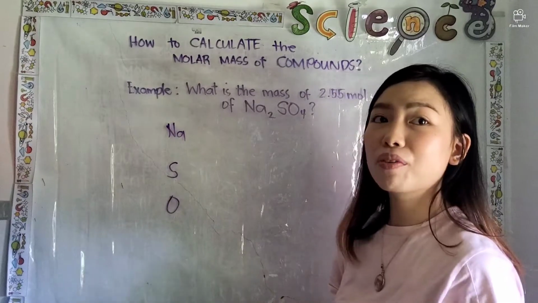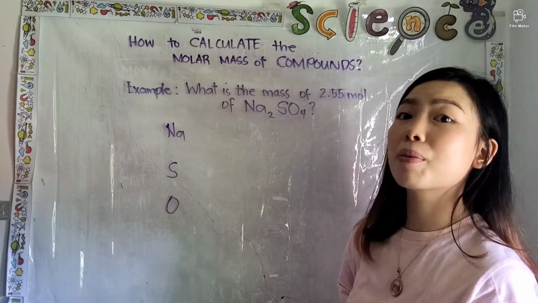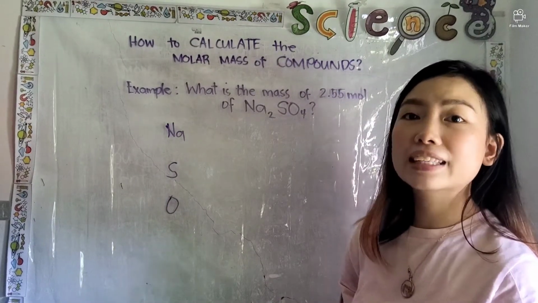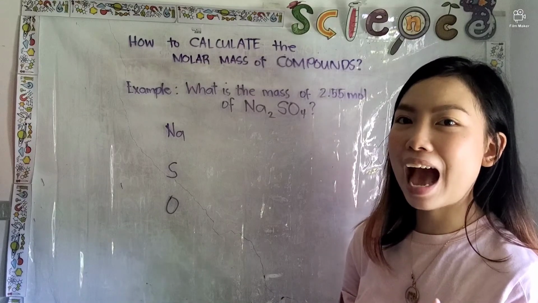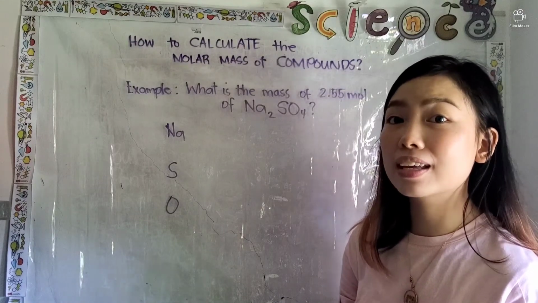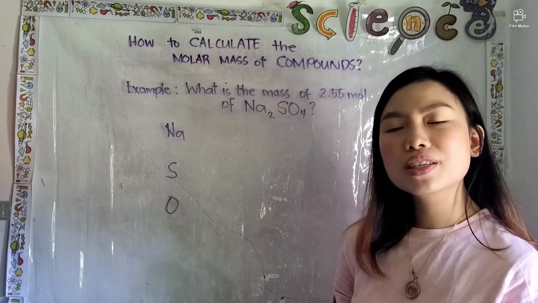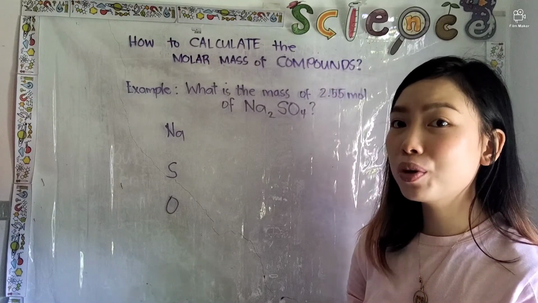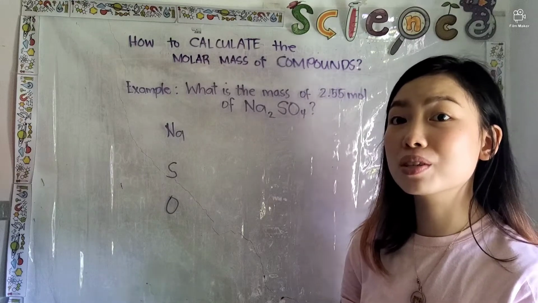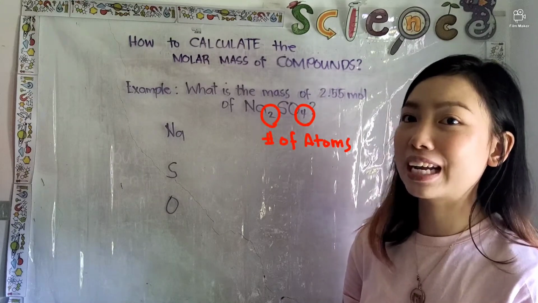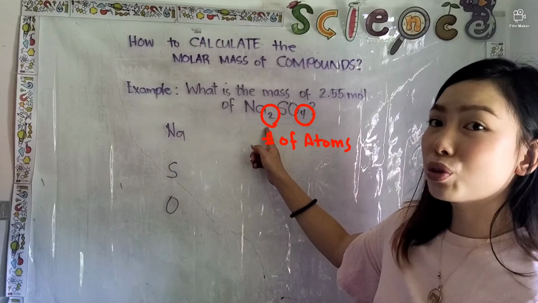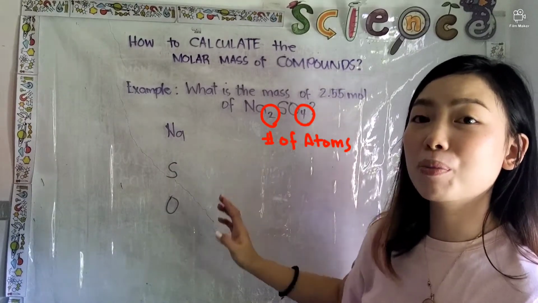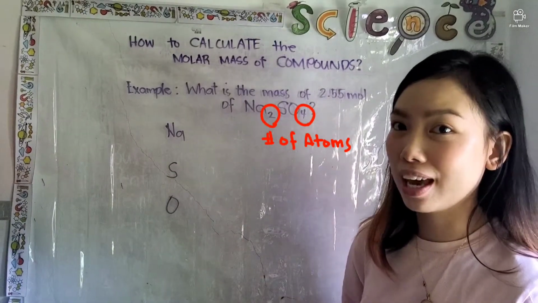So now that you have enumerated all the elements mentioned in the compound, identify how many atoms are present in the compound. Once we're referring to how many atoms are present, you will take a look at the subscript number given. Yung mga number na 2, 4, that's referring to the number of atoms for each element.